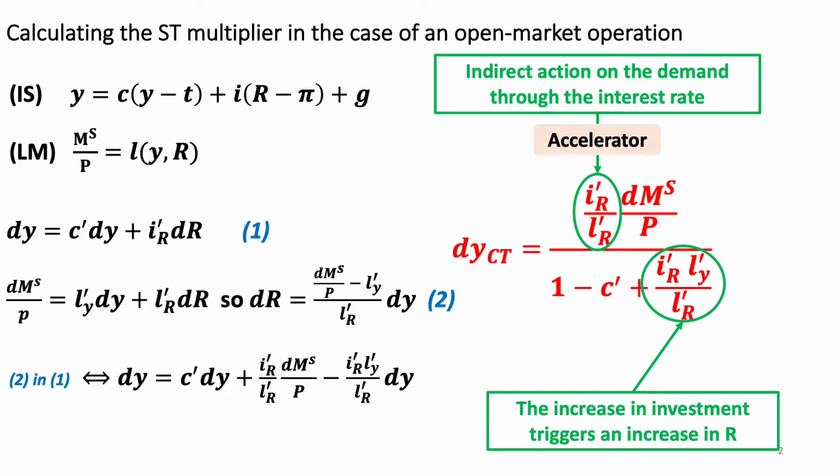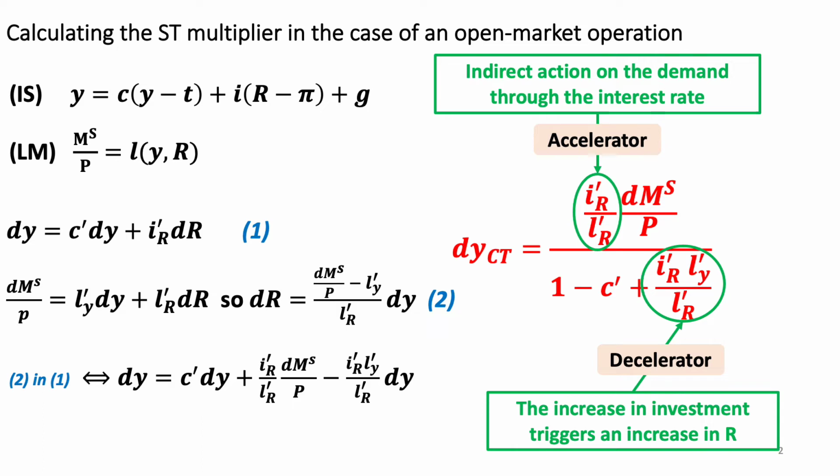To sum up, the term in the numerator plays the role of an accelerator of demand, and the term in the denominator is a decelerator or an obstacle to the demand. The accelerator is obviously stronger, otherwise the monetary policy would not have any impact.